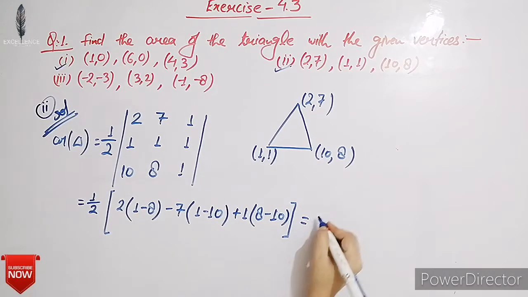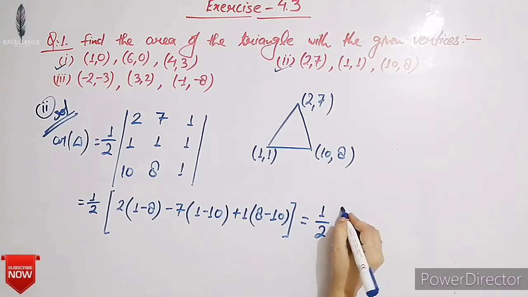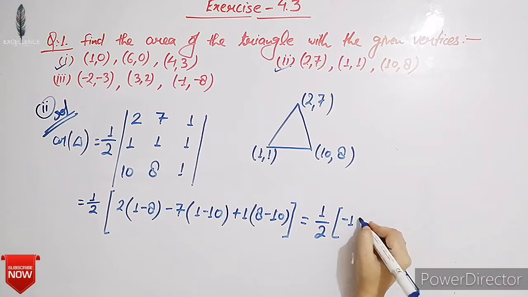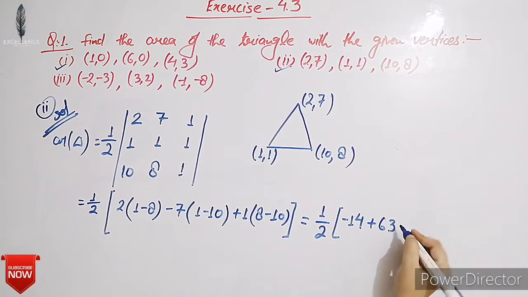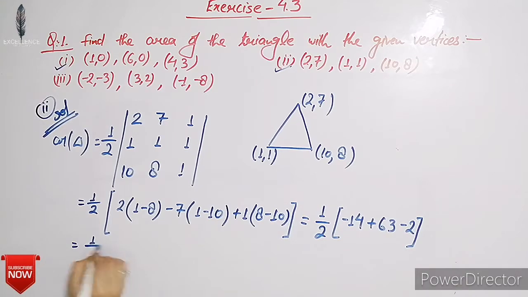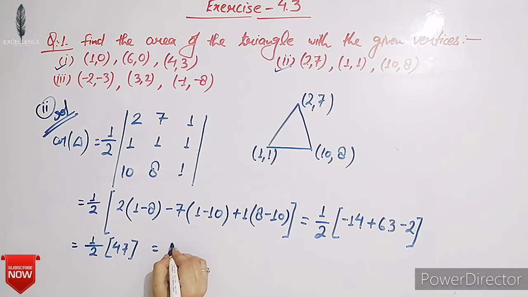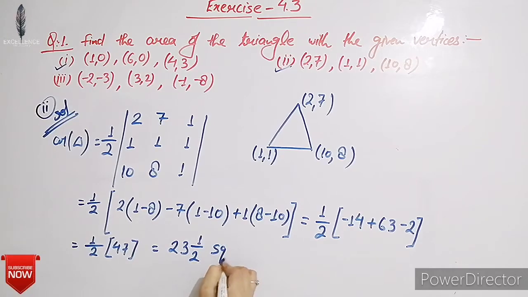That is equals to 1 by 2, here minus 14, here minus 7 into minus 9, that is plus 63. Now here minus 2. On solving, we get it is 1 by 2 into 47, that is equals to 23 whole 1 by 2 square units.